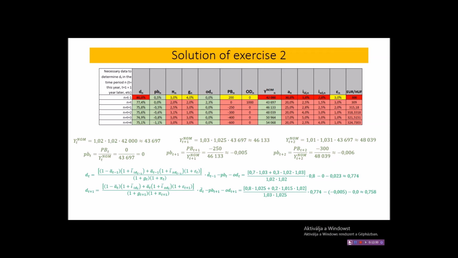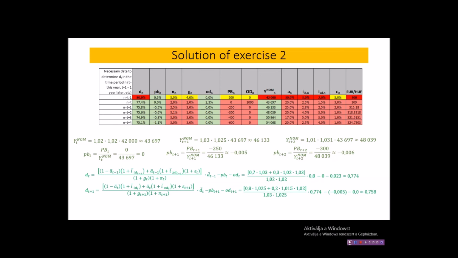So for the t period you need to divide 309 by 300 minus 1, that will equal 0.03 or 3%. Here we need to use the epsilon t plus 1, which you can calculate by dividing 315.18 by 309, that is 2%.